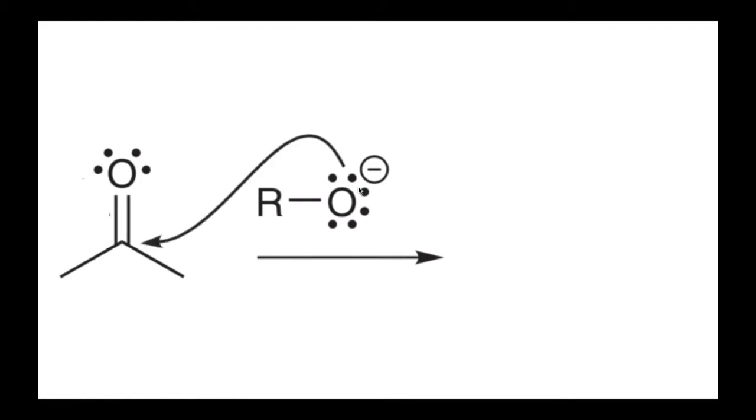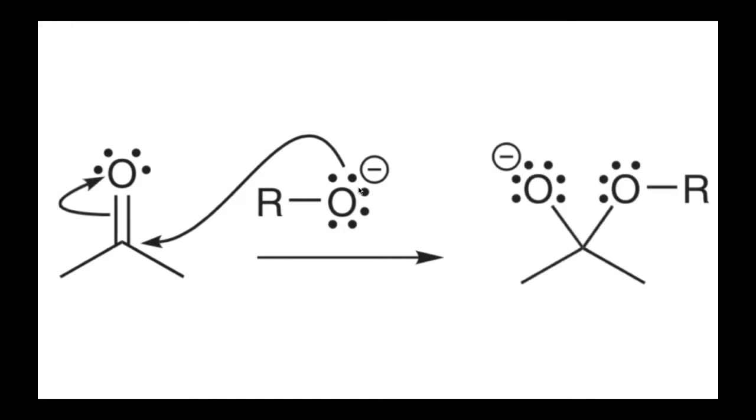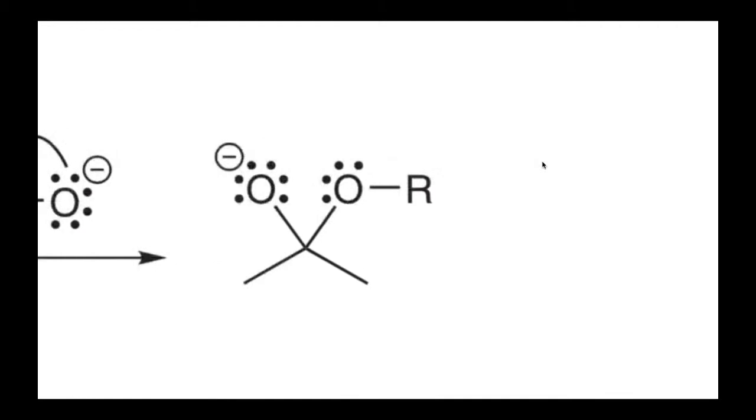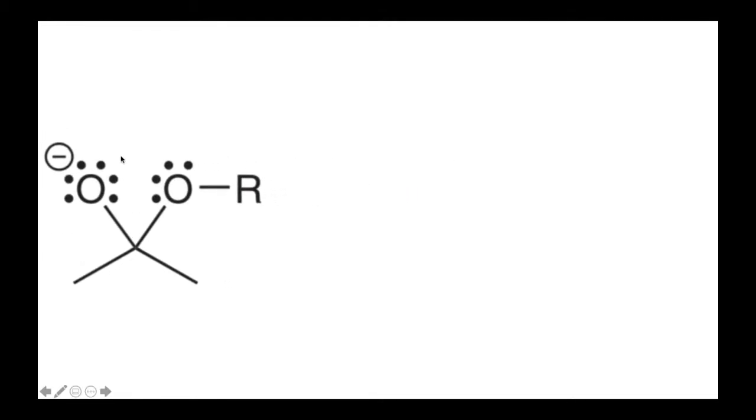So it'll attack in the same way our carbonyl group, and that'll push up the electrons onto the oxygen, and we'll get this product instead. Hopefully you can recognize this is an ether now, and this is our alkoxide ion. Once again, though, will our carbonyl try to reform?